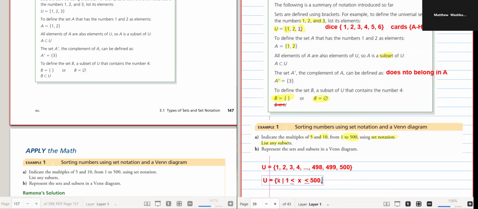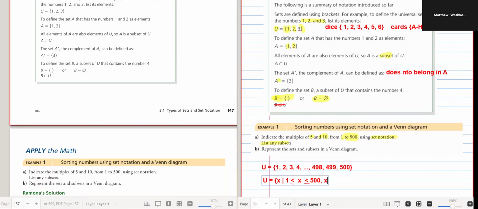So first off, I'm saying X. X is going to be any number I want. I could put P there. I could put Y there. I could put a question mark there. But generally in math, we use X, right? So this is saying that, hey, any number that is bigger or equal to 1 or smaller than or equal to 500. All right.